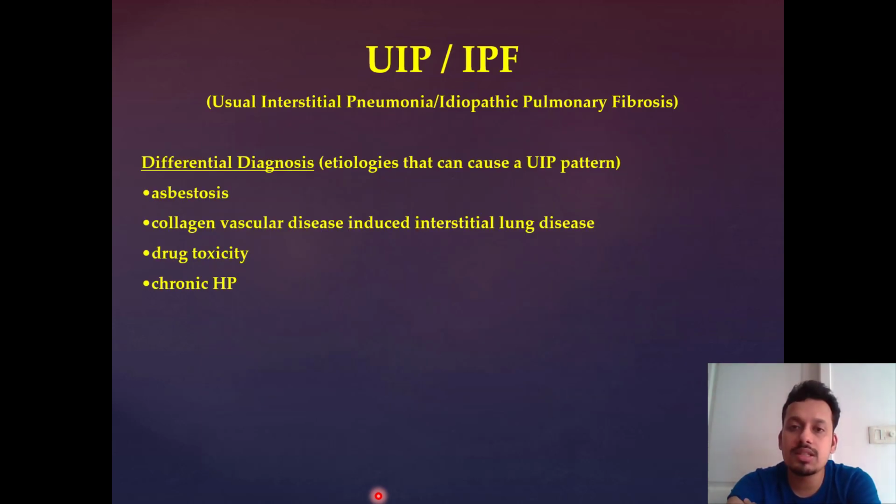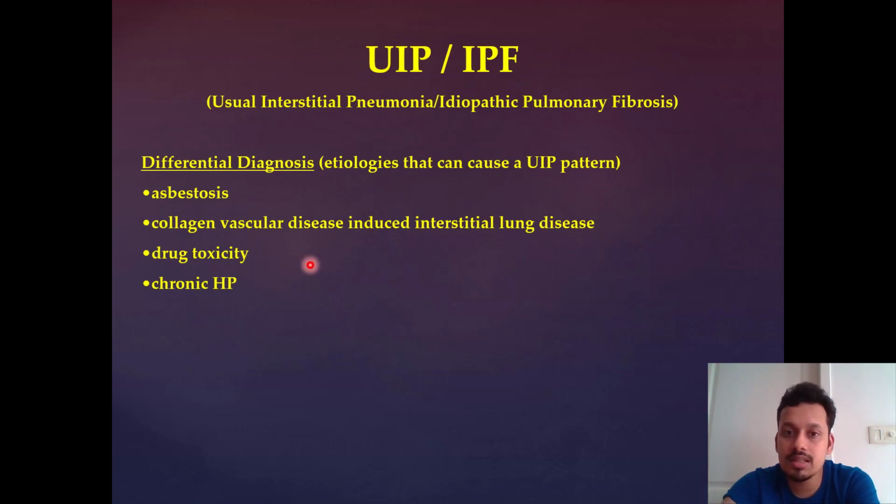So, since it is a CT diagnosis, what are the other differential diagnoses which can cause similar findings on clinical examination and on CT? The other differential diagnoses are asbestosis. So a history of asbestos exposure should always be inquired about when a patient is diagnosed with IPF.